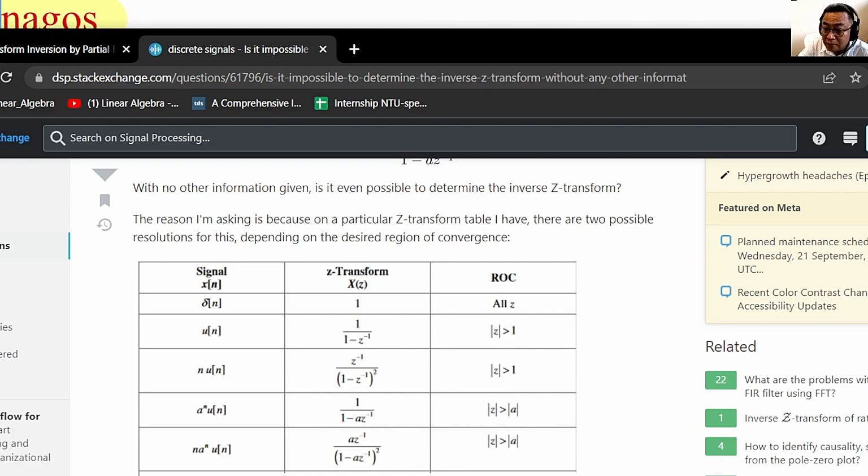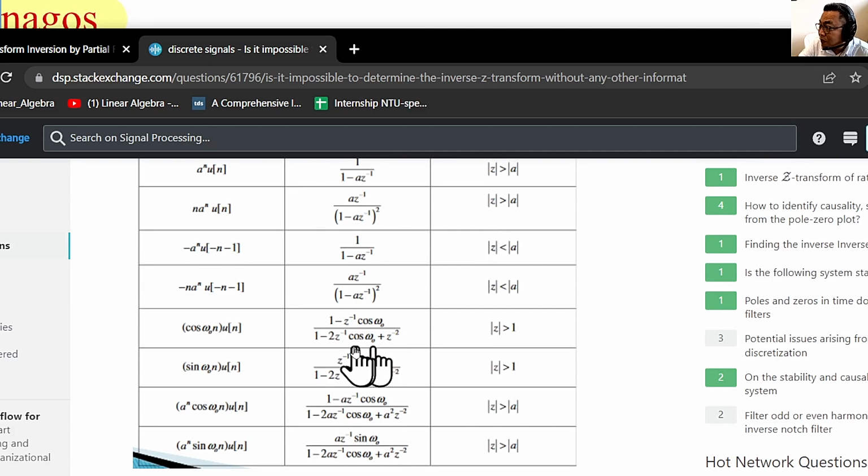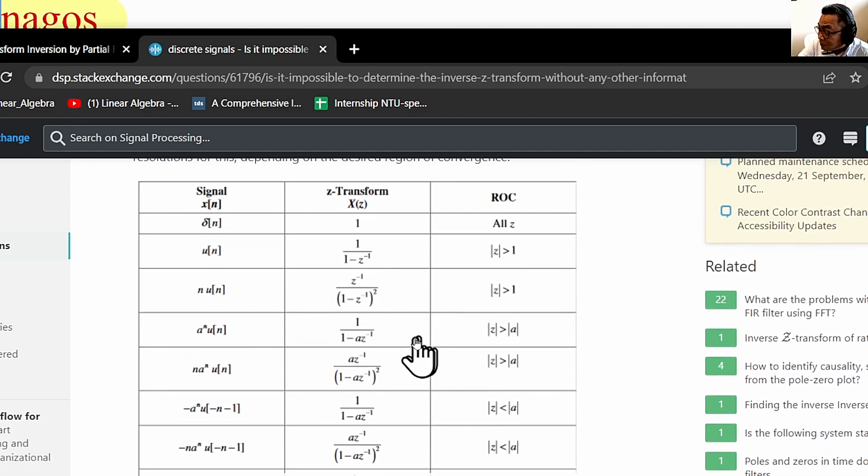However, notice that we could have also chosen exactly the same expression, but now with |z| less than a. So 1 over 1 minus a z^-1 and 1 over 1 minus a z^-1, these two are the same. However, because of the region of convergence, they have become different in the time domain representation.